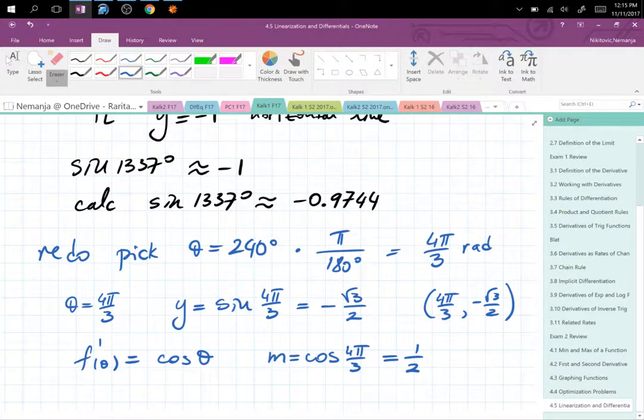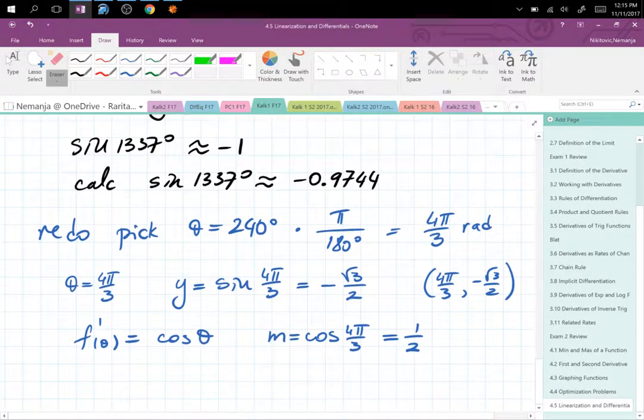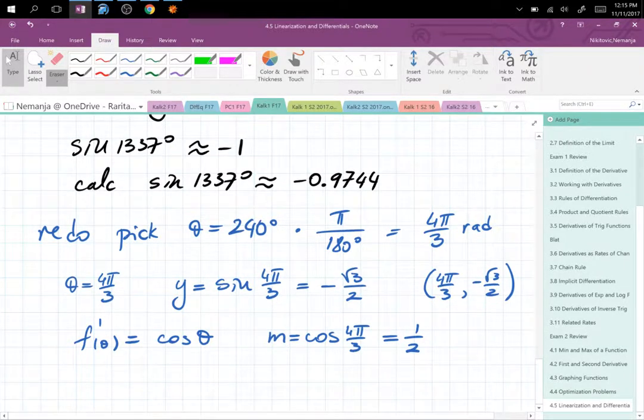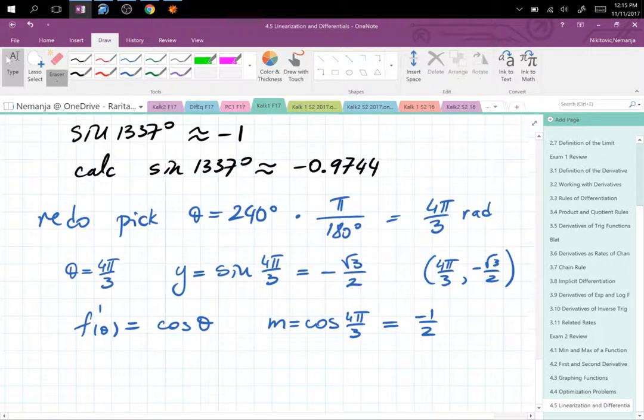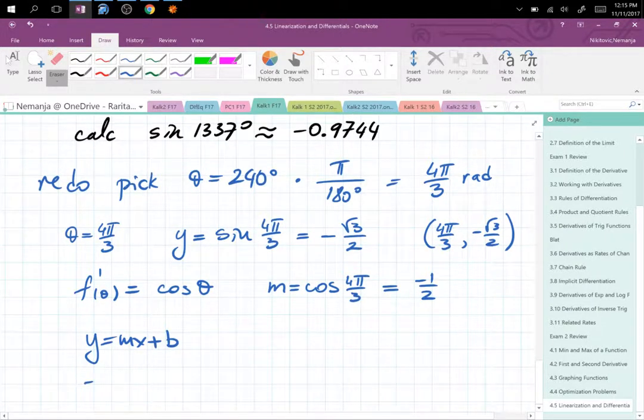Cosine is positive in the third quadrant? No, it's negative. It's positive in the first and the fourth. So it's negative 1/2. So there you have it. y equals mx plus b. Your y is negative root 3 over 2. Your slope is negative 1/2. All of that is multiplied by 4 pi over 3 plus b.